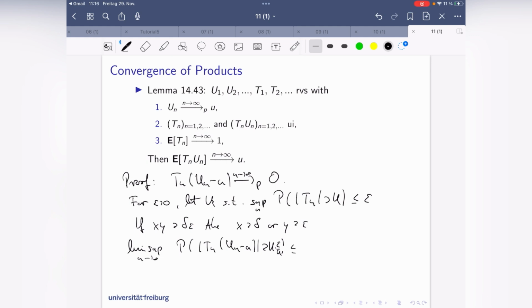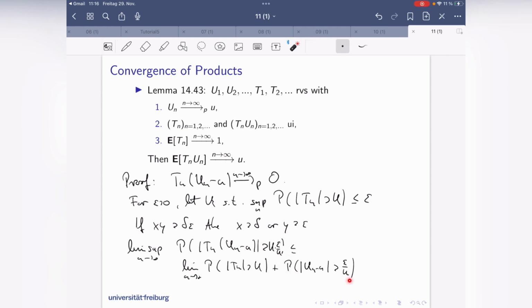So this probability I can bound from above by the probability that Tn is bigger than k, or Un minus U is bigger than epsilon divided by k.